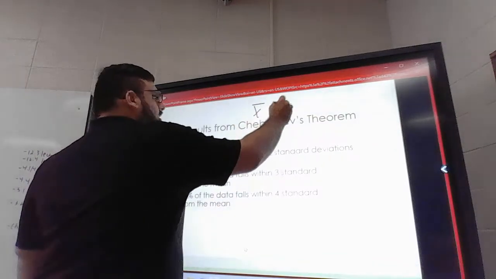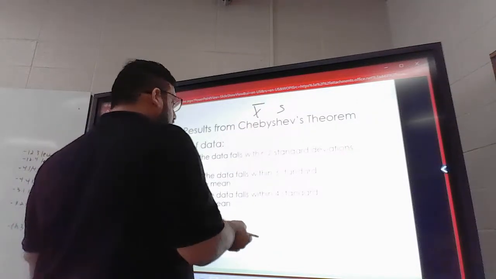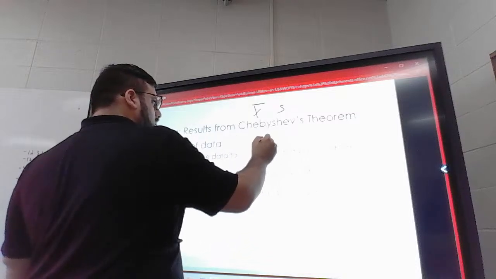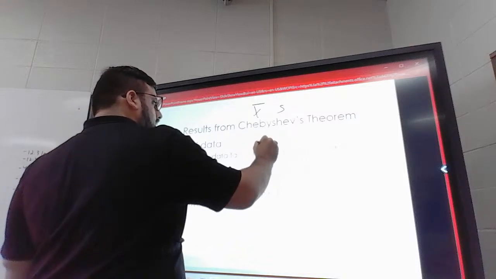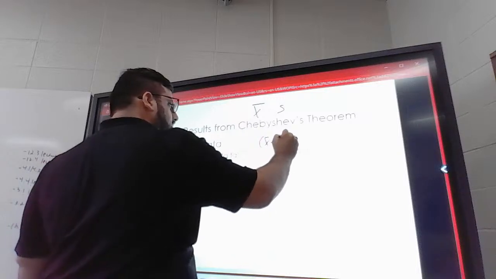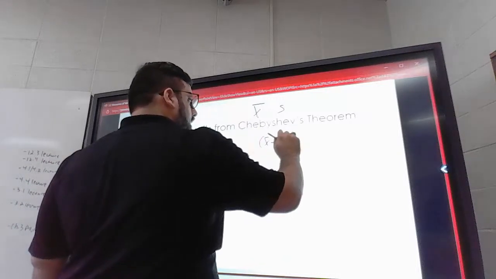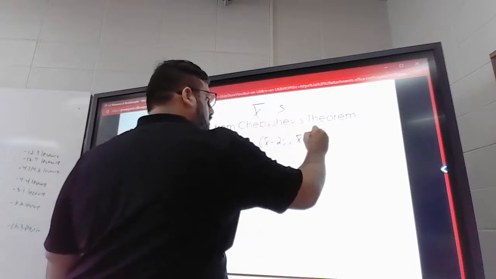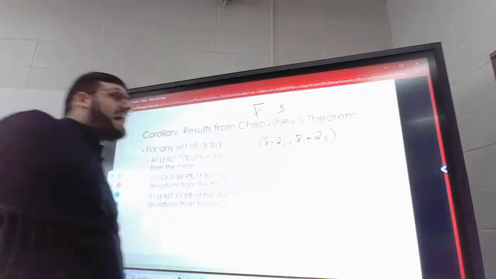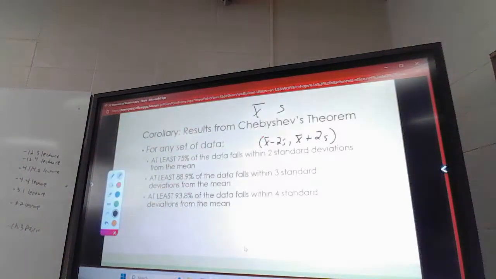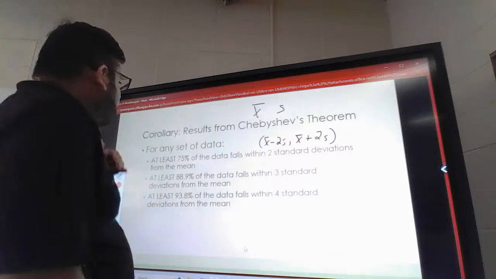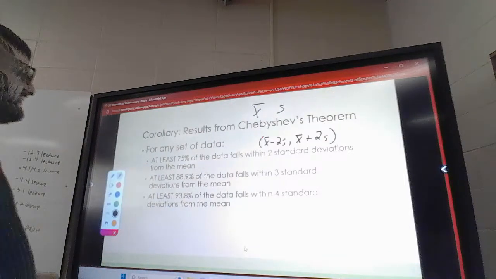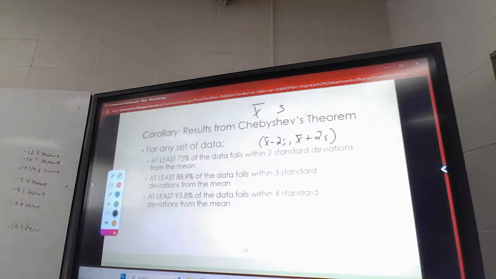If this is my average and this is my sample standard deviation, then 75% of the data falls within this interval: average minus 2 standard devs, and average plus 2 standard devs. That's 75%. At least 88.9% falls within 3 standard devs, and at least 93.8% falls within 4 standard devs.